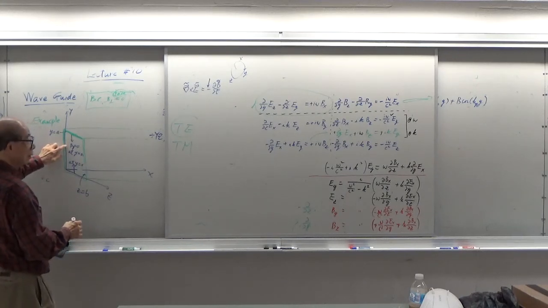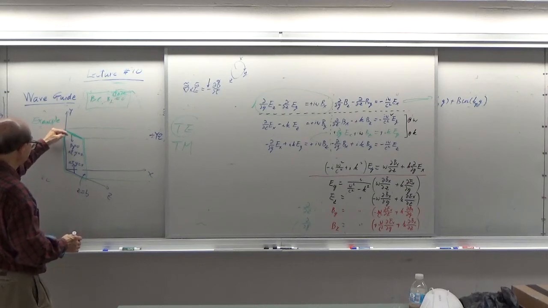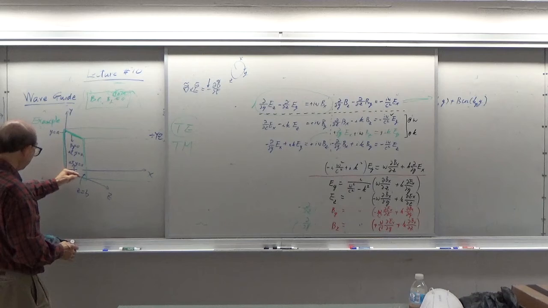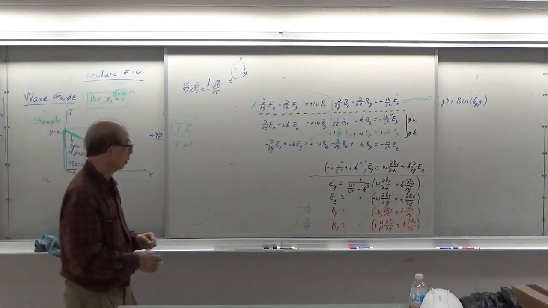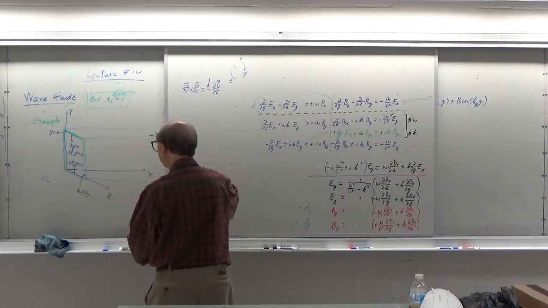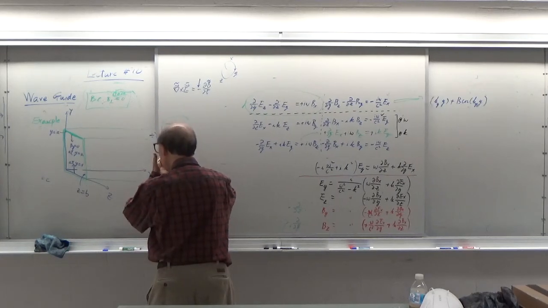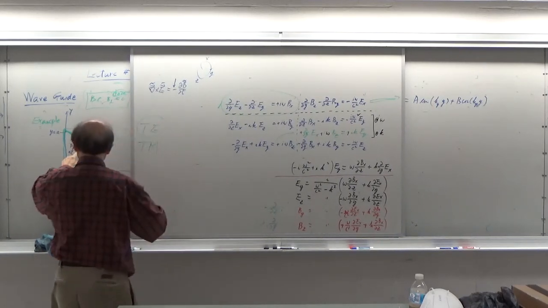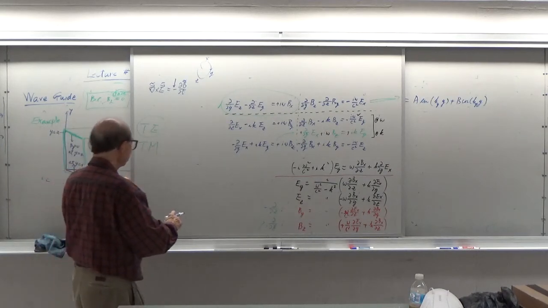So By is 0 on the surface at y equals a, and By is 0 at y equals 0. All right? Good? Now let me take a look at By equals 0 at a first.